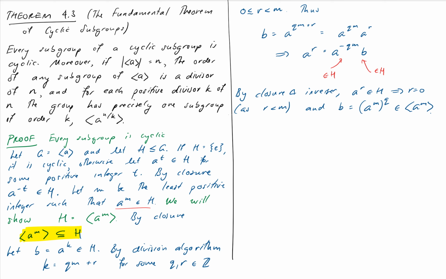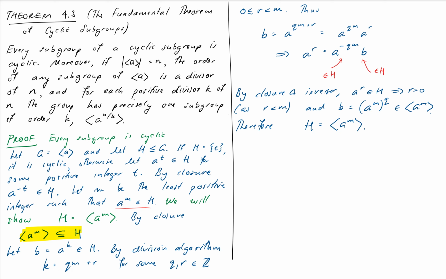Therefore, H is equal to the cyclic subgroup generated by this A to the M that we found. Okay, so we've proven the first part, which is that every subgroup of a cyclic group is in fact cyclic.